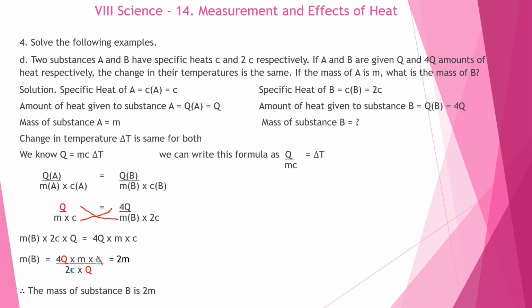This Q and this Q get cancelled. 4 and 2 are also getting cancelled, children. 2 ones are 2 and 2 twos are 4. So what remains here, children? 2M is remaining. Rest all is getting cancelled. Therefore, the mass of substance B is 2M. I hope that you all are understanding these sums, children.